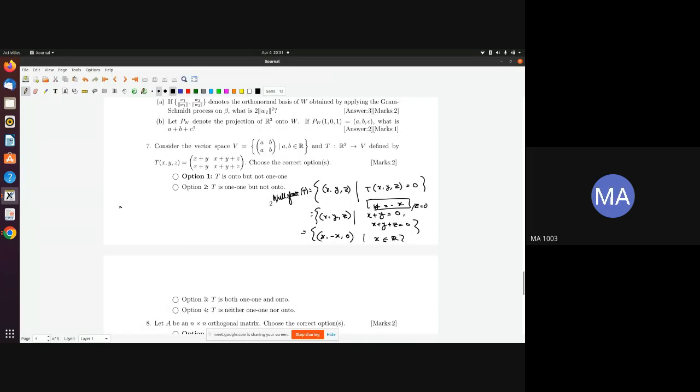So it is not 1-to-1. That is clear. Now what is rank? Rank will be, sir, it will be 2. 2. Because the dimension of the domain V and the dimension of the codomain are the same. So that's why it is 1, 2.